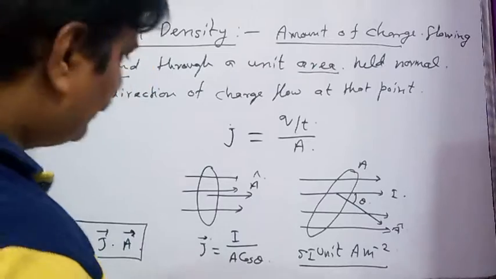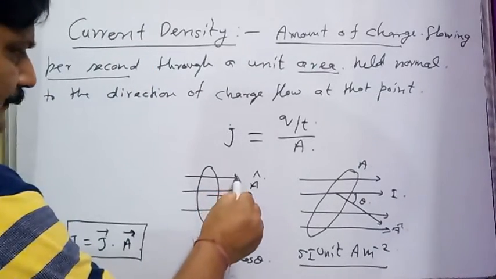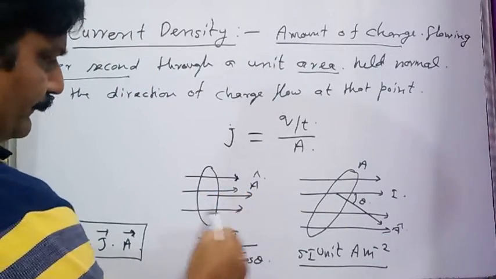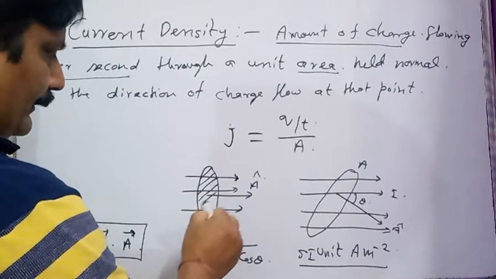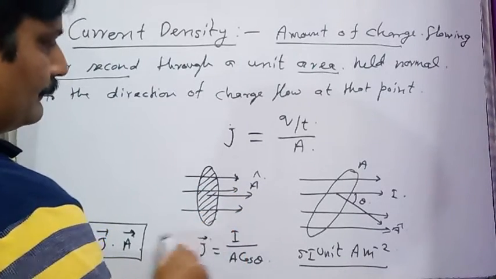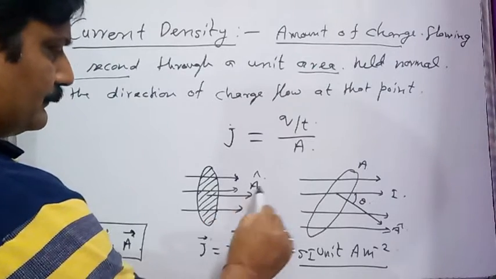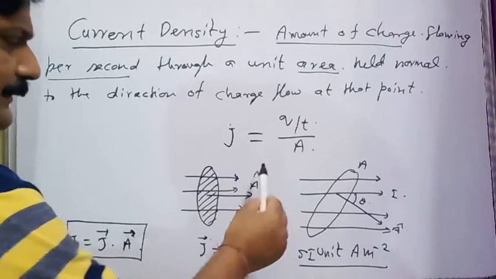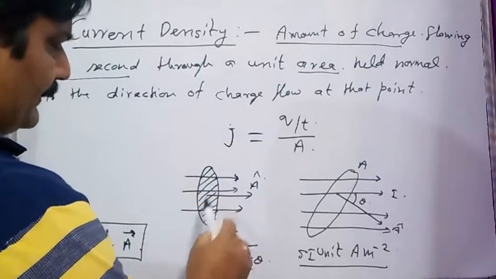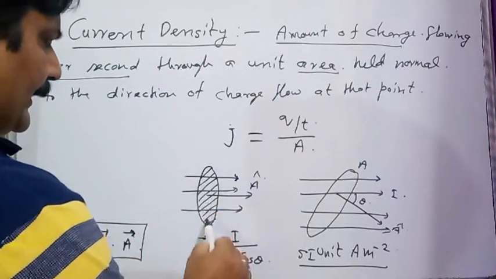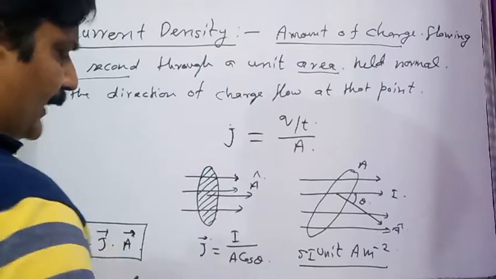charge flow. Suppose in this first figure, this is the direction of charge flow and there is an area A held normal to the direction of charge flow. The direction of charge flow is from left to right. The area is held perpendicular to the direction of charge flow.